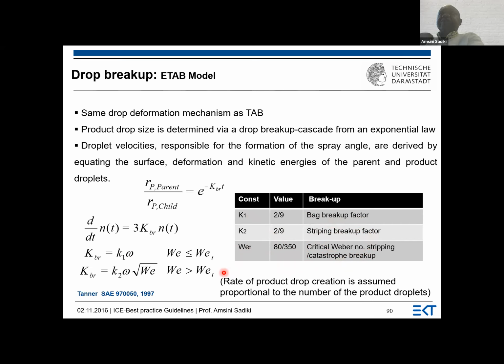So we assume this rate of product droplet creation is proportional to the number of product droplets. So we obtain this as a function of the child, and the change of the number of droplets is proportional to this quantity here.